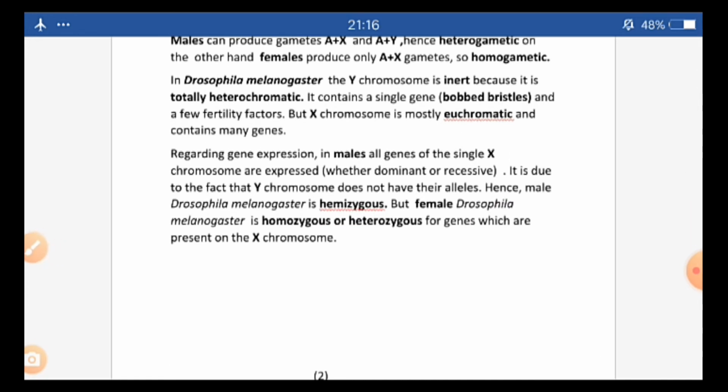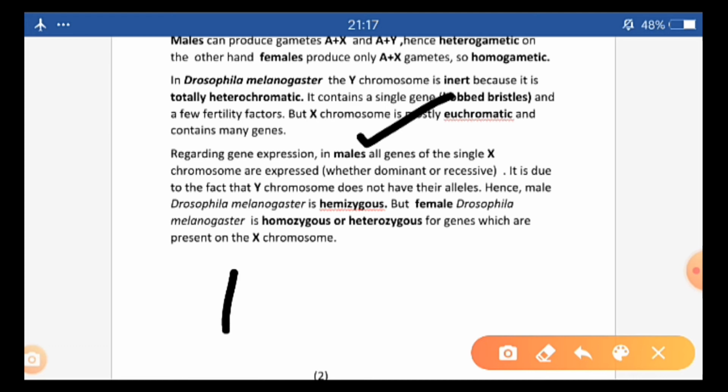Now let us look at the expressions of X and Y, or expressions of the genes present in X and Y. Okay, let us study. Regarding the gene expression, in males, all genes of the single X chromosome are expressed. We know that in case of male, X and Y chromosomes are present.